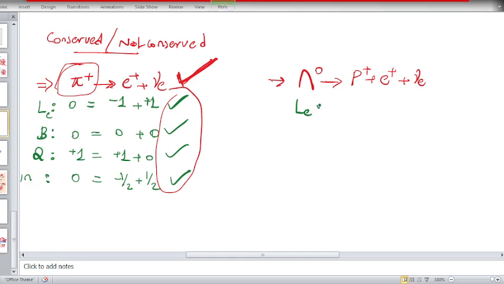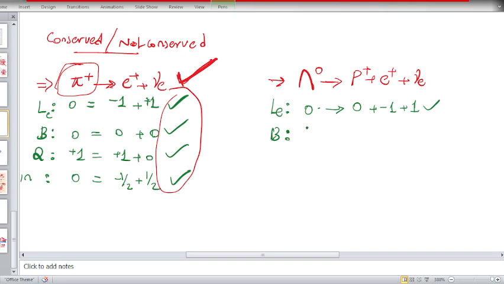For lepton number conservation, this is 0, this is -1, this is +1, so that is conserved.